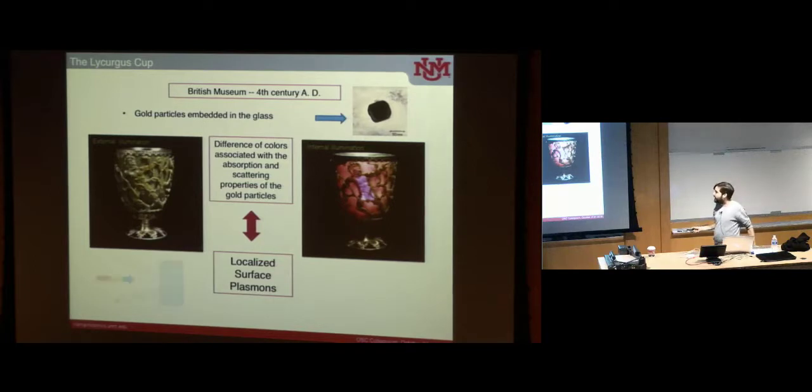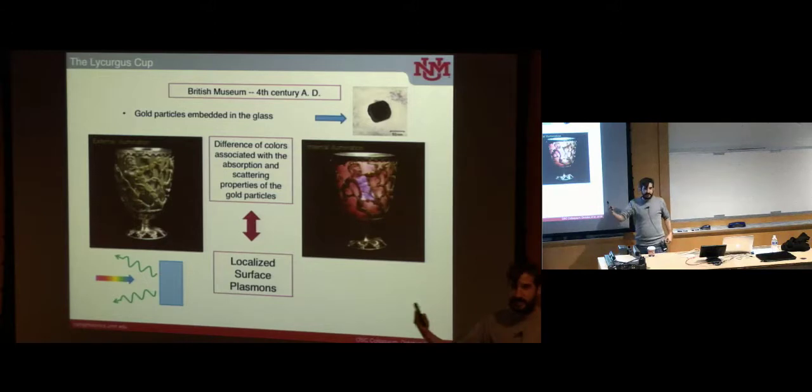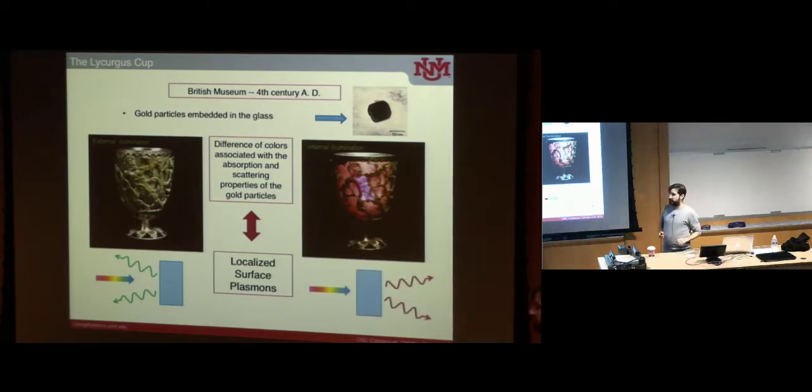So indeed what happens is when you illuminate the system from outside, you are seeing the light that is being scattered by those gold nanoparticles. So you shine light, you excite the plasmons, which for gold nanoparticles of this size are typically around 500 nanometers, so essentially green light, and then you see the light that is coming from that scattering. However, if you illuminate from the interior and you observe from outside, what you see is the light that has not been absorbed, right?